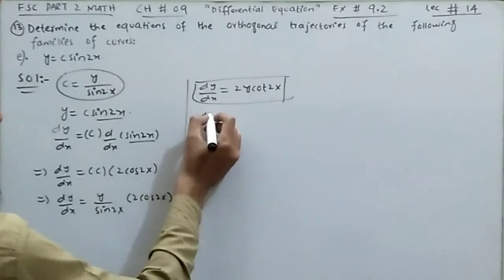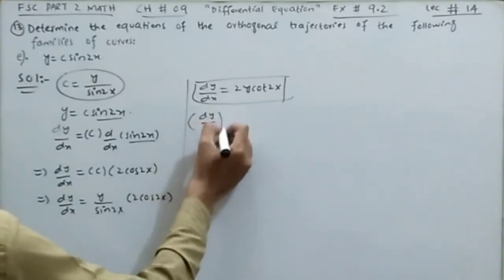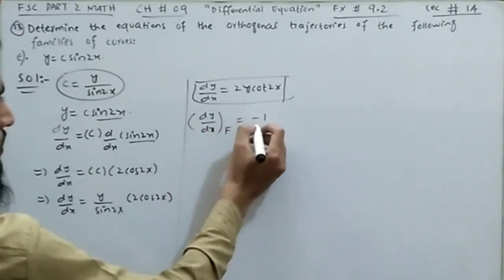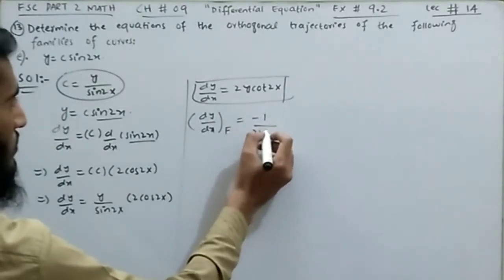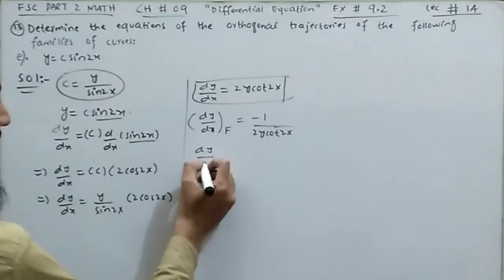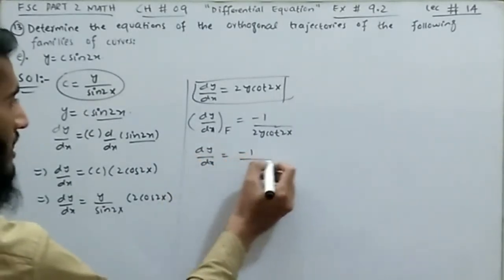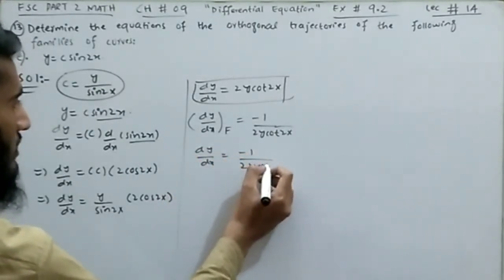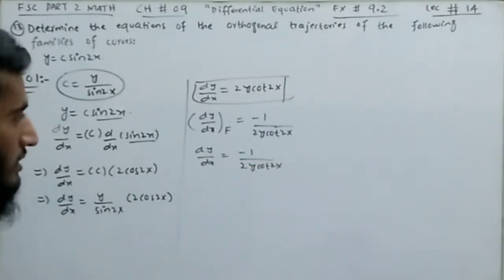Now finding the derivative at another point, let's suppose it is equal to minus 1 over the original derivative, which is 2y cotangent 2x. So dy by dx will be minus 1 over 2y cotangent 2x.